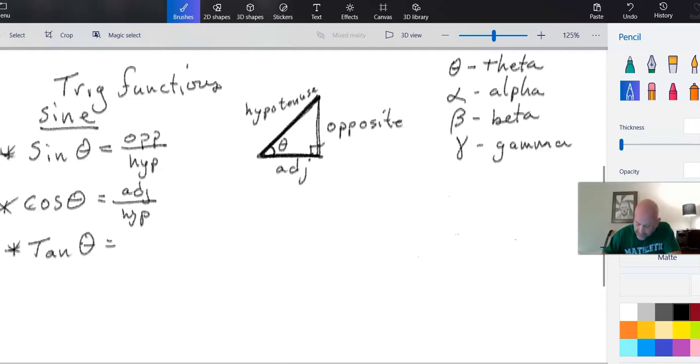Tangent of theta is actually going to feel a lot like computing a slope, because it really is, right? The opposite side here is a rise, and the adjacent side is a run. So we really are talking about a slope here. So tangent theta is the opposite over the adjacent side, right? So it's this over this.